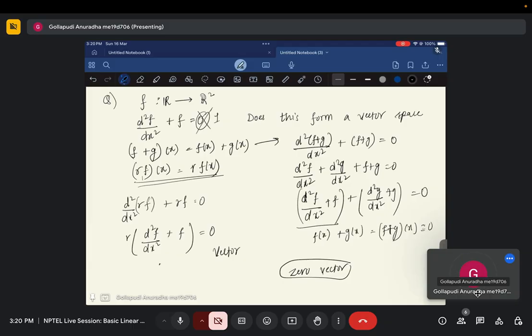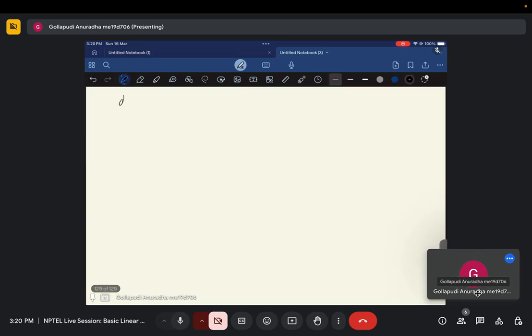So addition won't be satisfied here. Let's go to the next slide. It is equal to 1. So if I replace f with f plus g, then I'll be getting d square of f plus g by dx square plus f plus g, that should be 1.